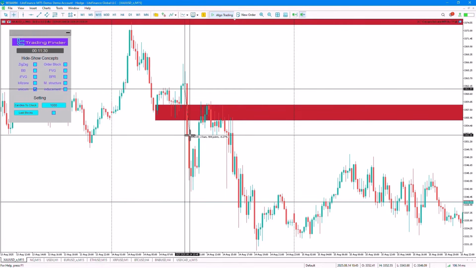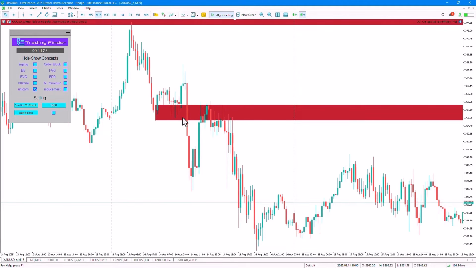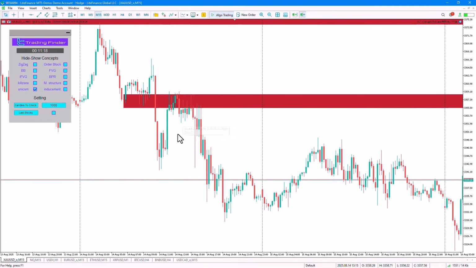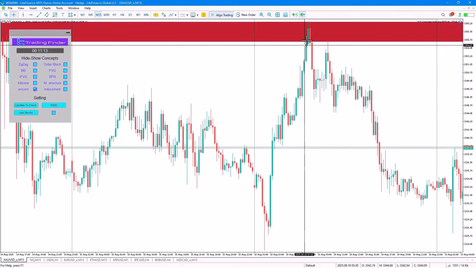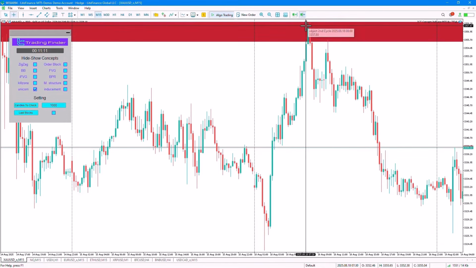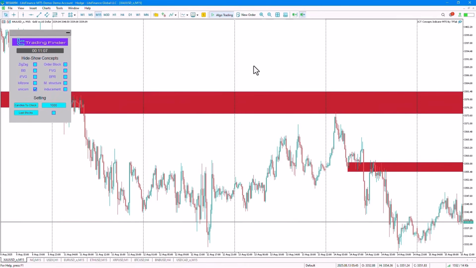Finally, with the formation of an FVG zone that moved downwards, the overlap of the breaker block zone and the FVG zone creates a unicorn zone for us, where we can see the price has reacted to this zone upon retracement. It moved towards the zone but failed to break it and moved downwards.